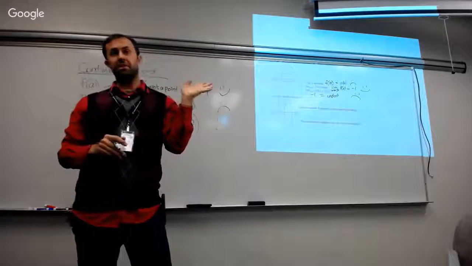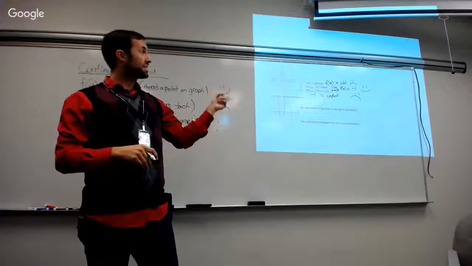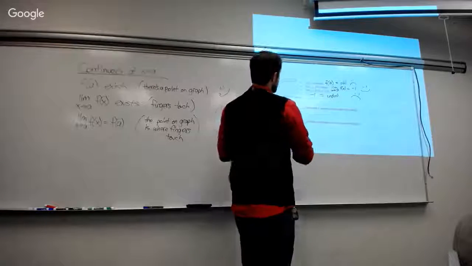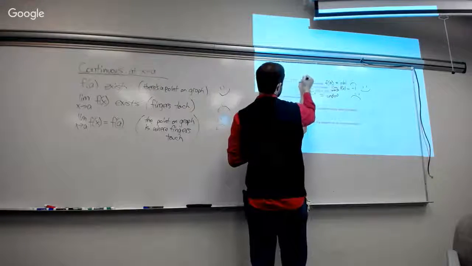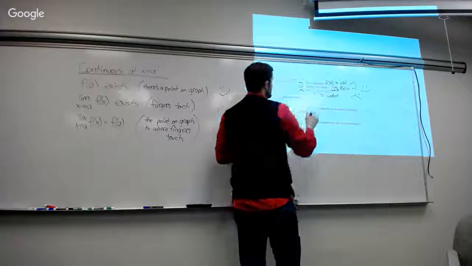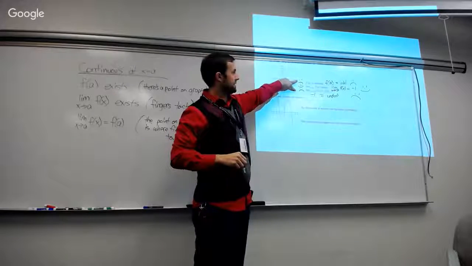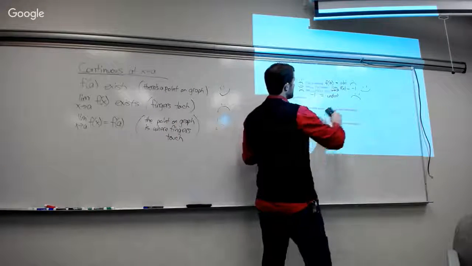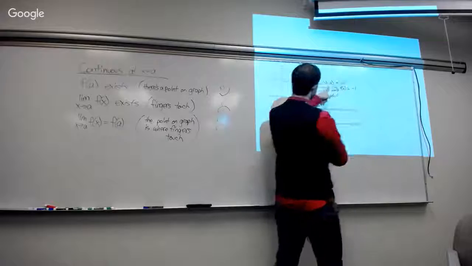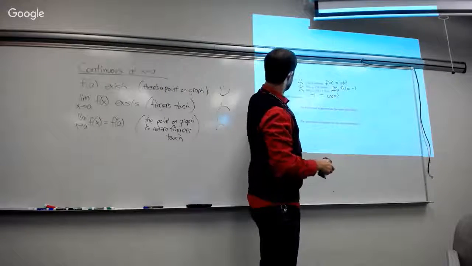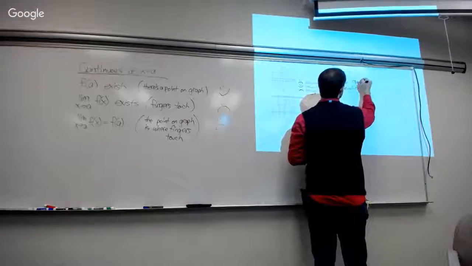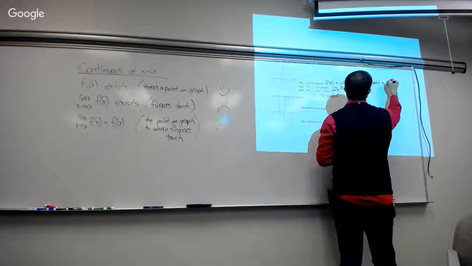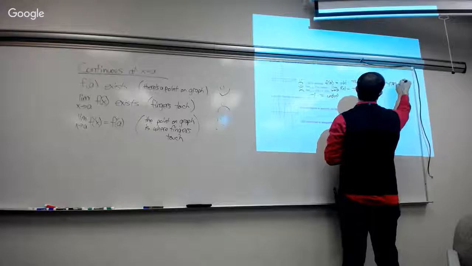So folks, if there's a question like this on the final exam, I would like you to give some indication of each of those as to why it is or isn't. It's one thing to put a frowny face and a smiley face and a frowny face to let me know that it failed the first and last one, but I'd like you to actually tell me specifically. So was I clear enough on those? For the first one, you would say f of 2 is not defined. There is no point on the graph for x equals 2.